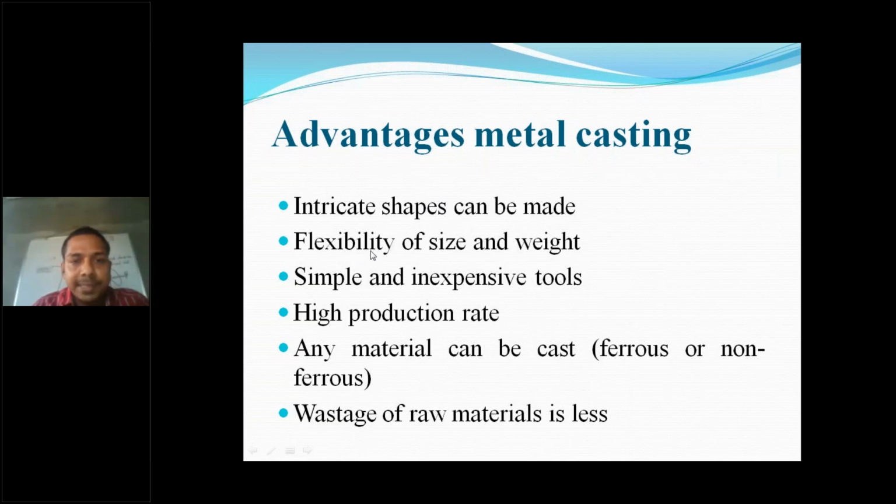Now the next one, flexibility of size and weight. This is another very important one. When you talk about flexibility, that means different sizes and weights of product we can make. If you talk about jewelry casting, the weight of the product is a few grams.